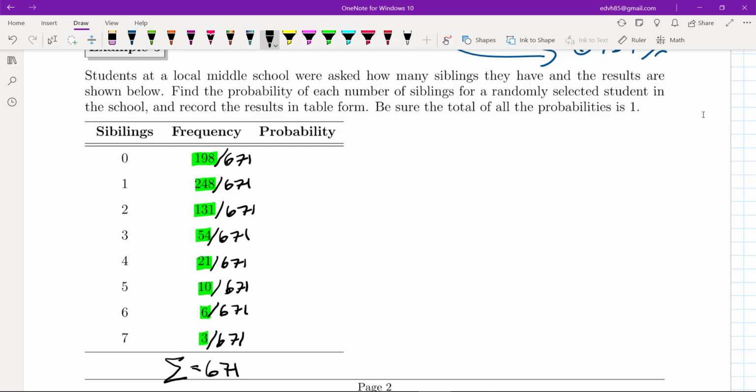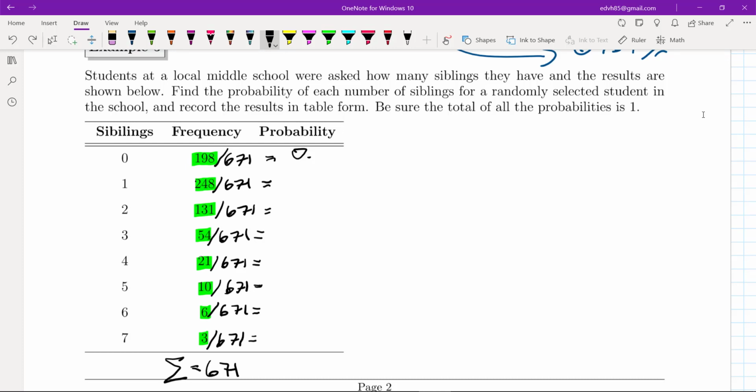Okay, and the probability for each. So if we divide 198 by 671, we should get 0.271. Oh, not 271. Give me 1 second.